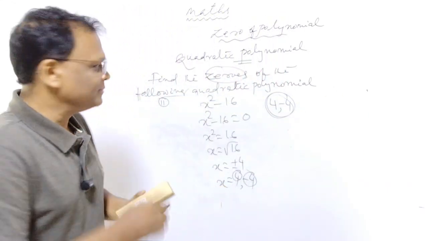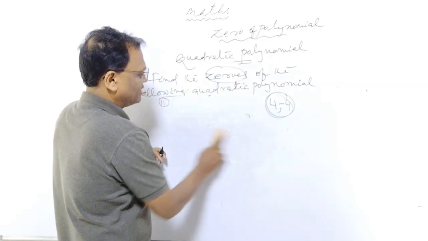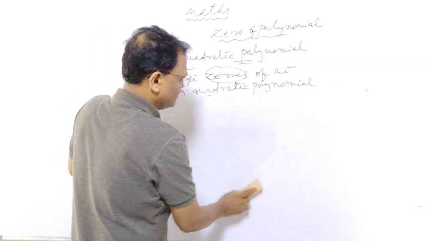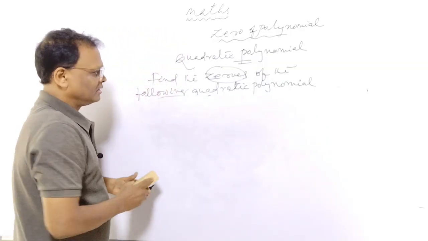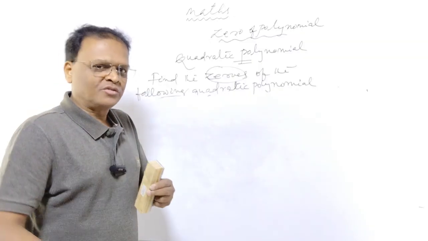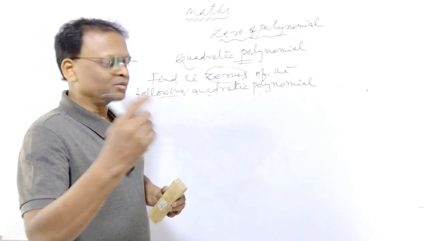You just better try. Try yourself. If you're not getting it, just text me in the comment box. I'll definitely help you out. I'll give a mixture of polynomials, a few linear, a few quadratic.